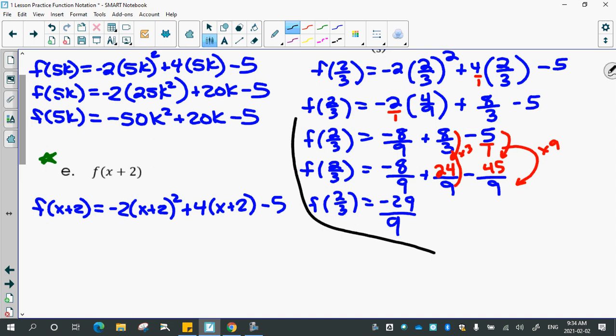And the big misunderstanding that people have is they think that x plus 2 squared is equal to x squared plus 4, but that is not true. They're not equal.